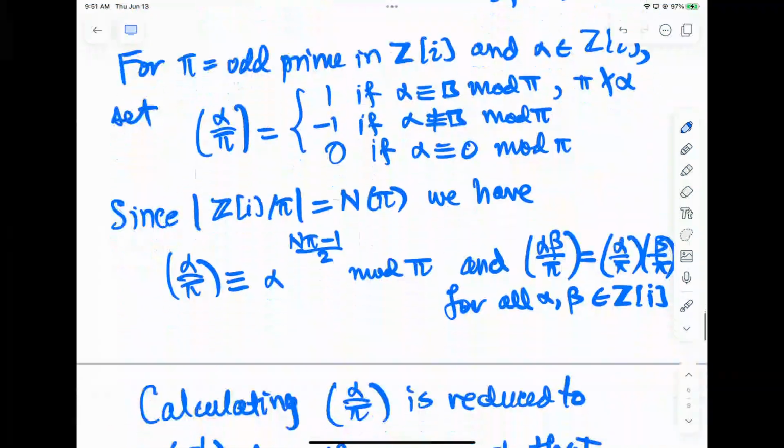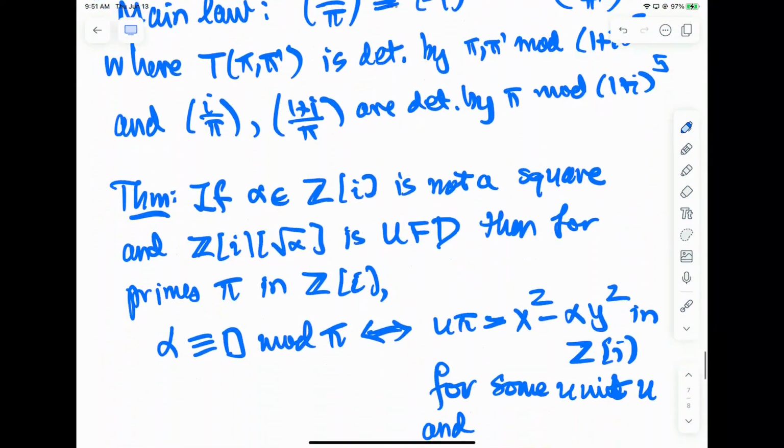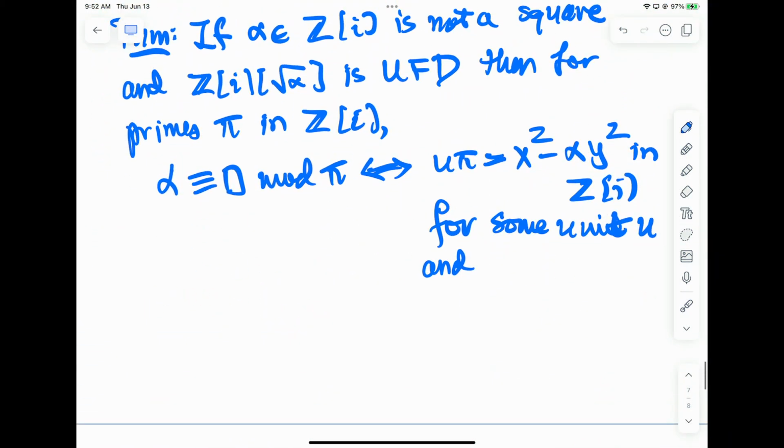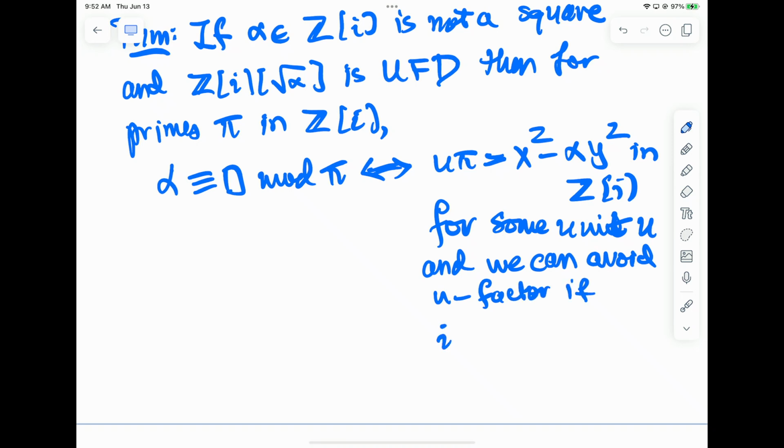So the analog here, because i generates the units, is that we can avoid the unit factor if the basic unit i has this form, obviously for new x and y. Then you can just write pi in the equation on the right-hand side.